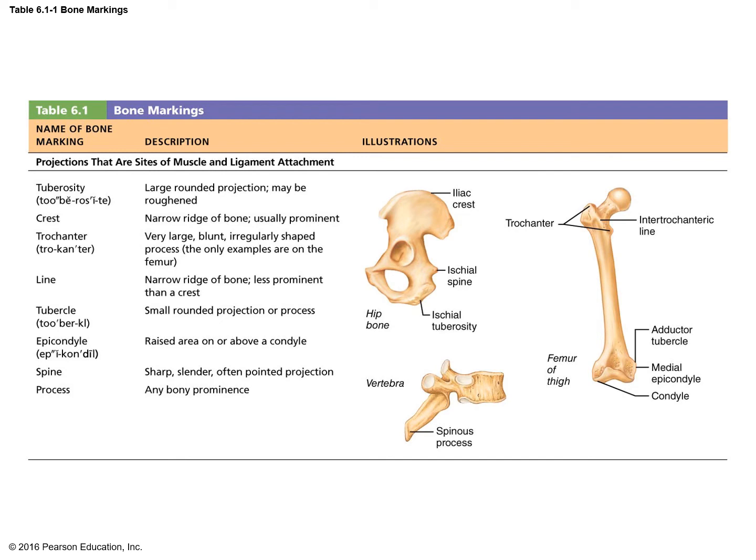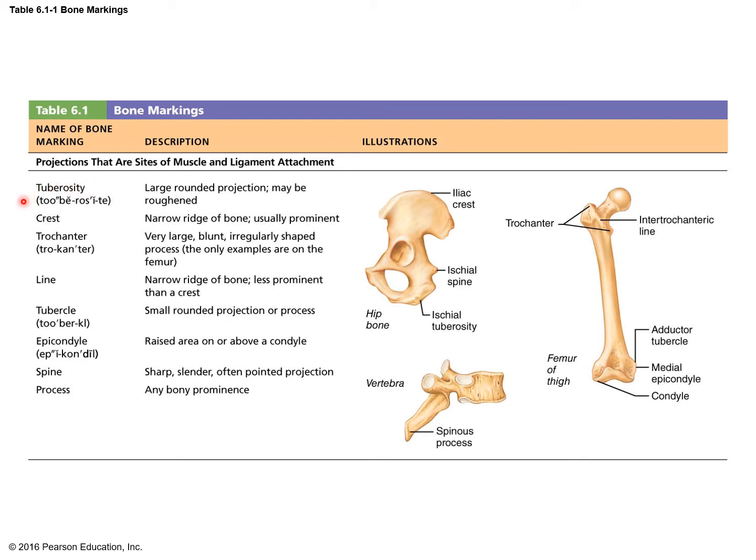And this goes through the tables in your book, the various types of bone markings. For my classes, I tend to focus on this more in the lab portion. The lab, certainly in A&P1, tends to be more focused on anatomy, and in the lecture we focus more on the physiology. But just to briefly go through things like tuberosities, all of these are projections.